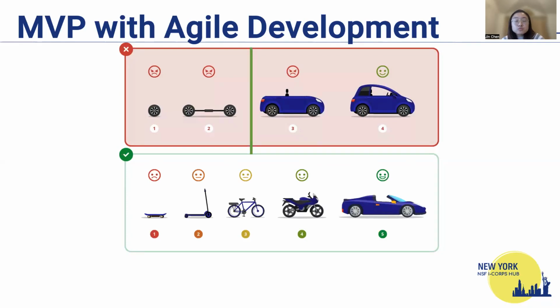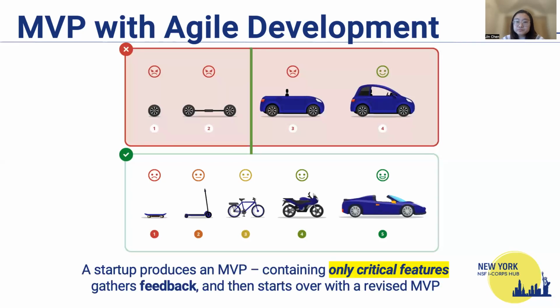But each product on the bottom is a fully functional product that gets the job done, and it is a workable product from which you can get your customer feedback. So you can learn what needs to be improved for the next iteration.